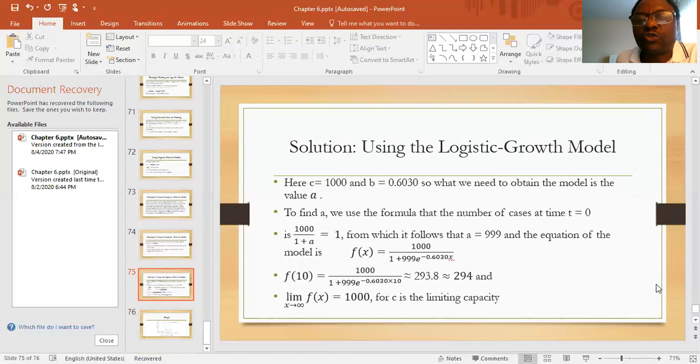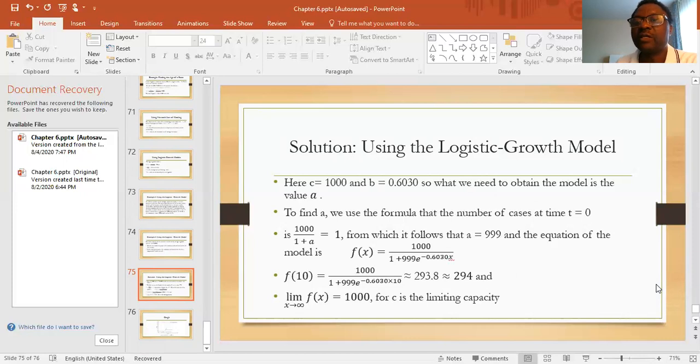So here C equals 1,000, B equals 0.6030. What we need to obtain the model is the value of A. To find A, we use the fact that the number of people with the flu at time t equals 0 is 1, for example. So we started with 1. At t equals 0, the initial value is C over 1 plus A, which is 1.